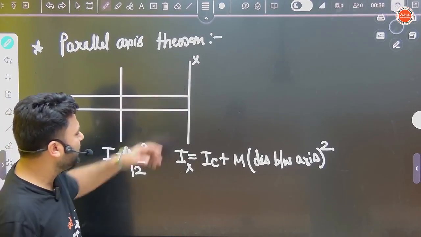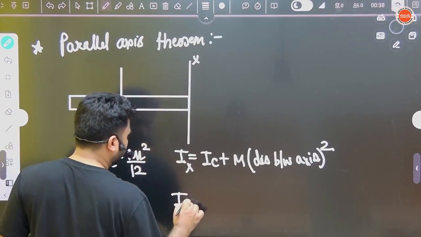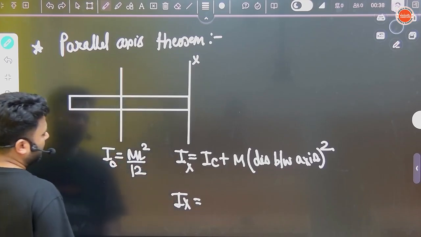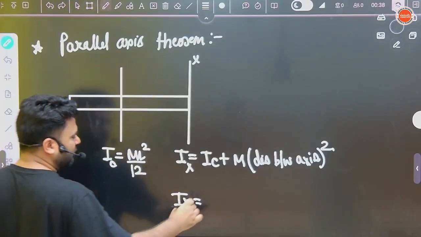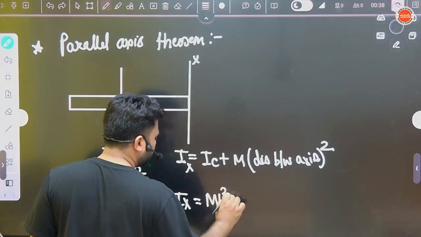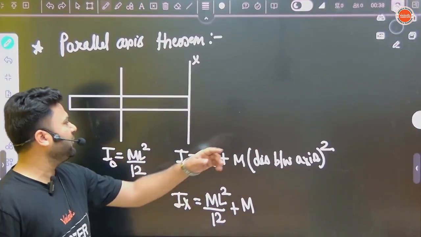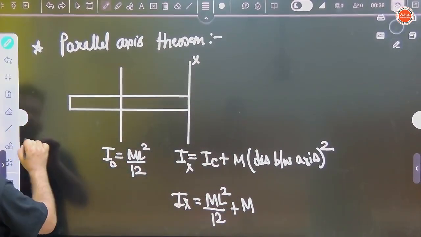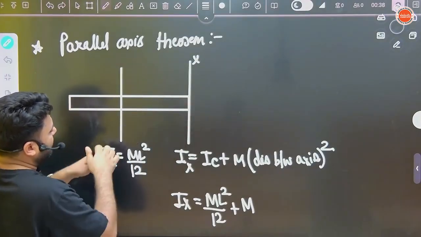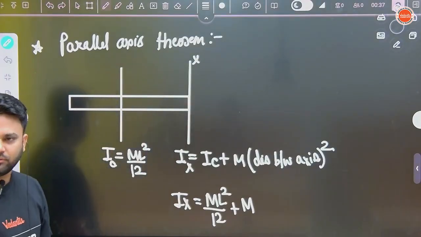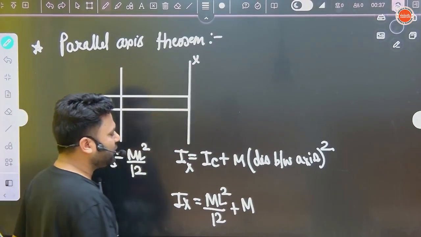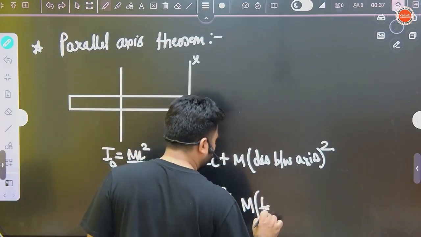Like let's calculate moment of inertia about x. So moment of inertia about x will be moment of inertia about center, that is ml square by 12, plus mass into distance between axis. What is the distance? Total length of the rod is L. Distance between axis is L by 2. So L by 2 square.